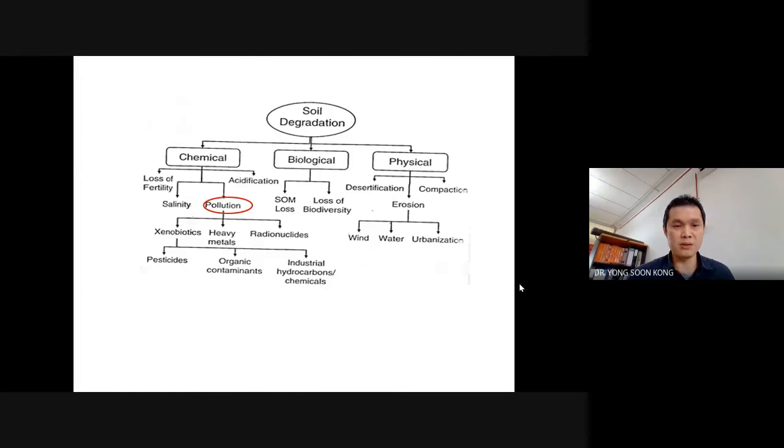It could be xenobiotics. Xenobiotics could be a lot of things, but usually these are the compounds that are produced by humans. So it could most likely be organic pollutants, and by organic pollutants, it could be as small as pesticides, and it could be some very common small molecules like solvent molecules such as methane, chloroform.